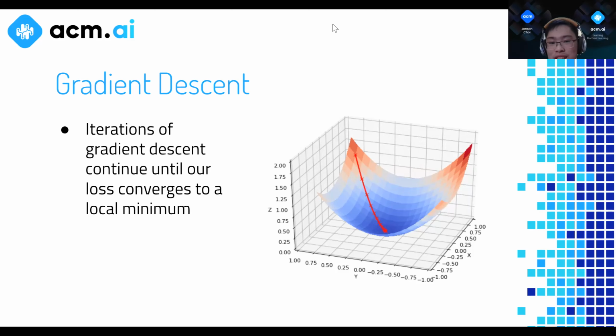However, there's no guarantee that this local minimum would be the global minimum for our cost function. There's another way the algorithm could terminate, which is when our loss diverges to infinity, but that's a situation we want to avoid at all costs.